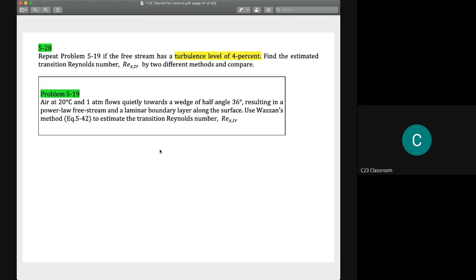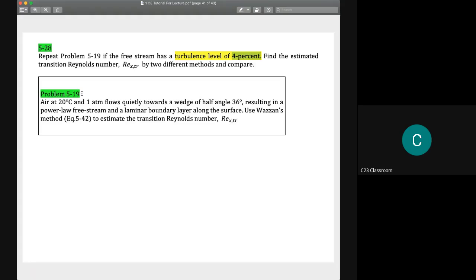Now we are discussing 5.28. Repeat problem 5.19. If the free stream has a turbulence level of 4%, find the estimated transition Reynolds number by two different methods and compare.